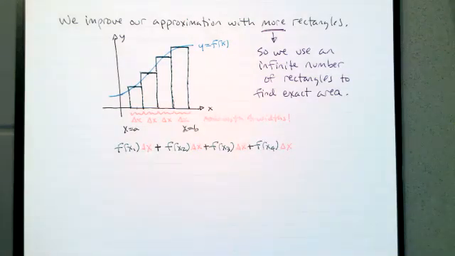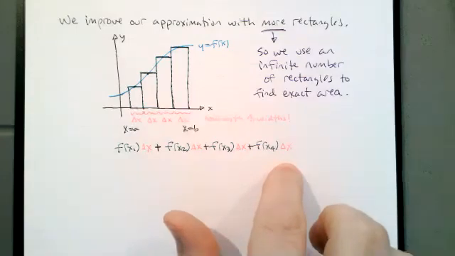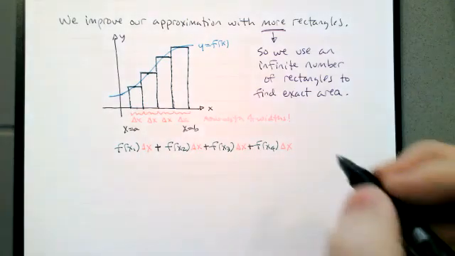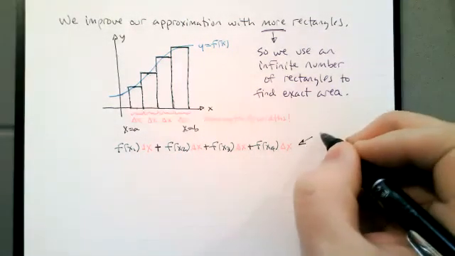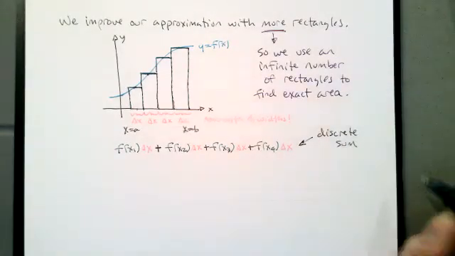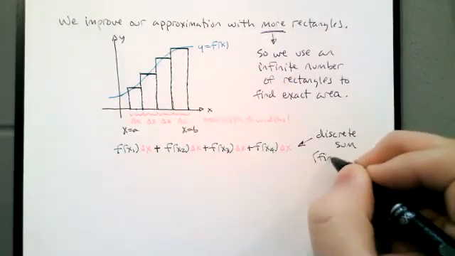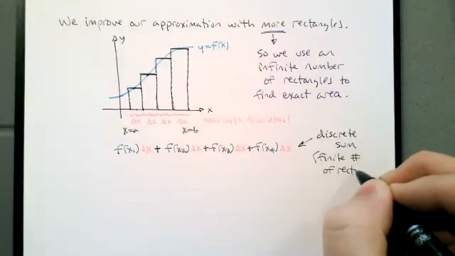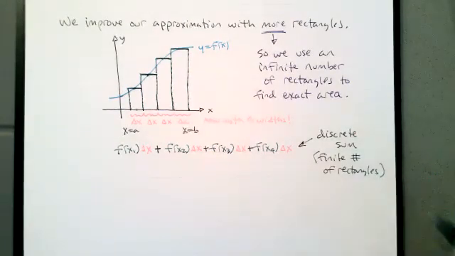So we're switching from a discrete sum to an infinite sum. We have a finite number of rectangles. We're looking at a discrete sum where we have a finite number of rectangles.